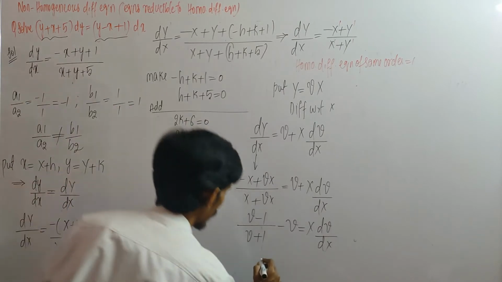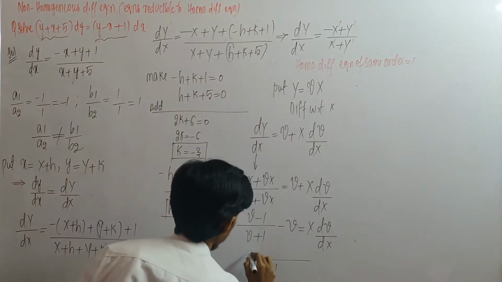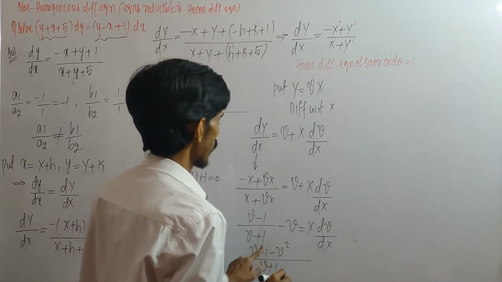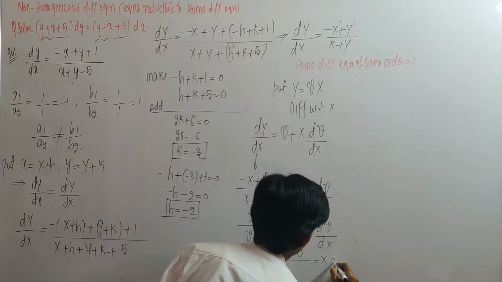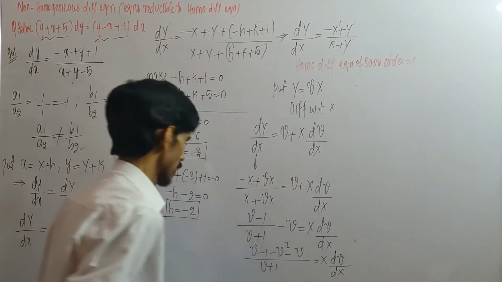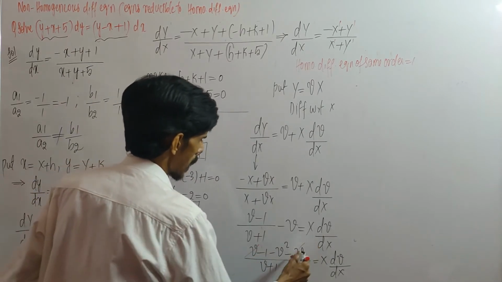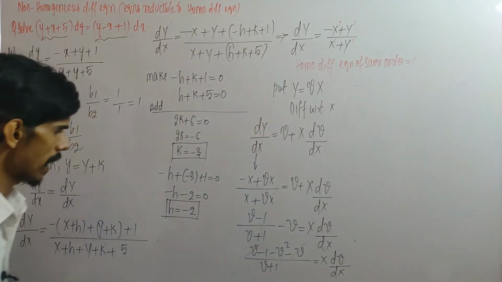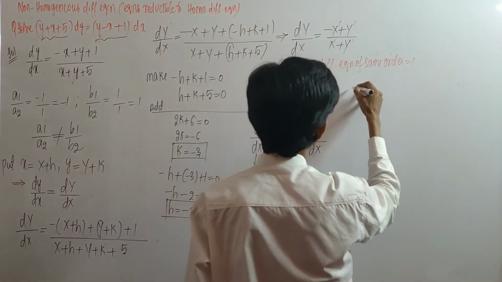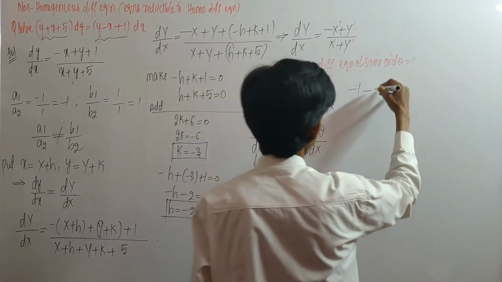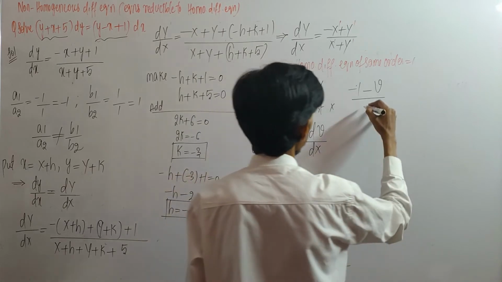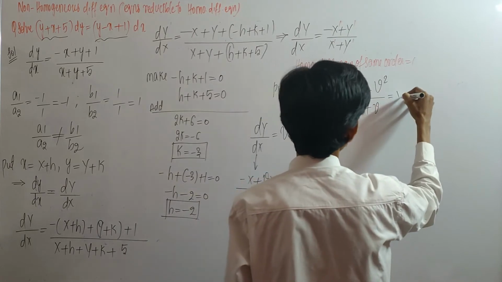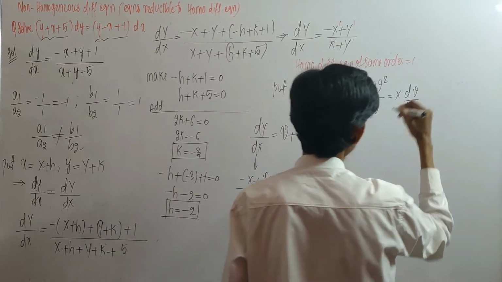Now if I take LCM, we have (V - 1 - V(V + 1))/(V + 1), that is V - V^2 - V... so V square minus V square, and V times 1 is minus V. Now this plus V and minus V get cancelled. We have (-1 - V^2)/(1 + V) = X dV/dX.